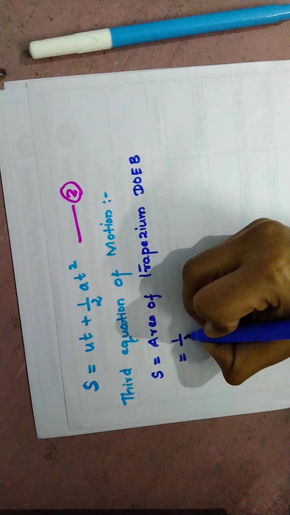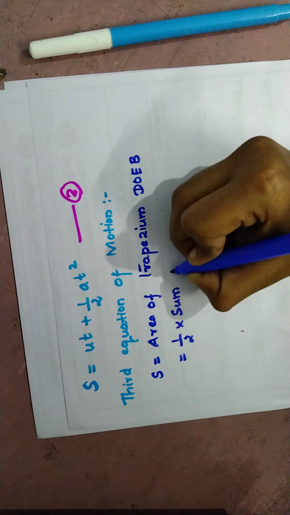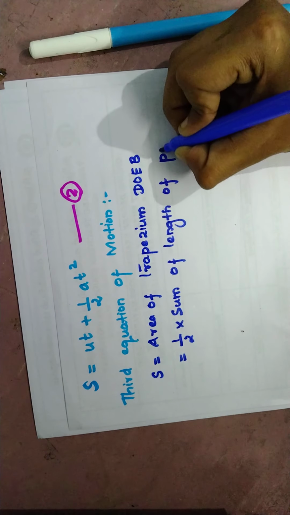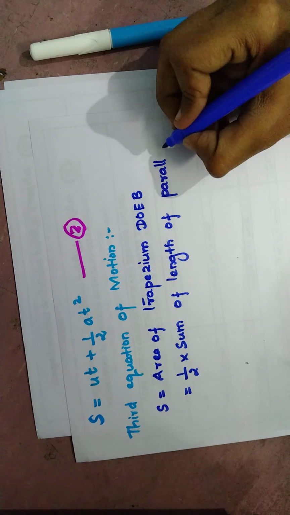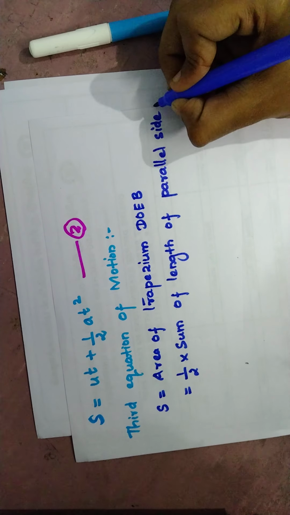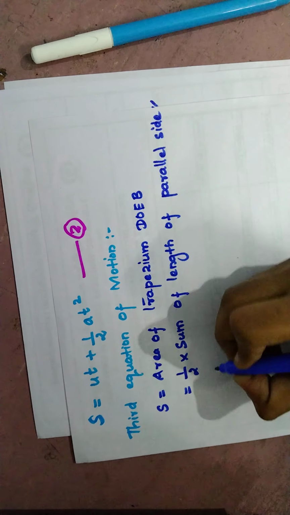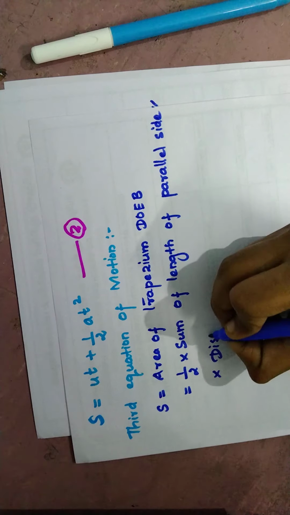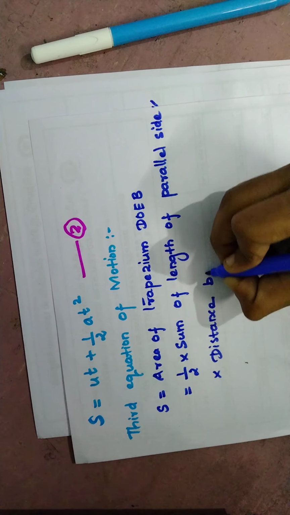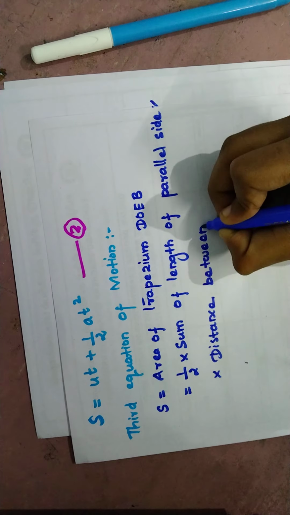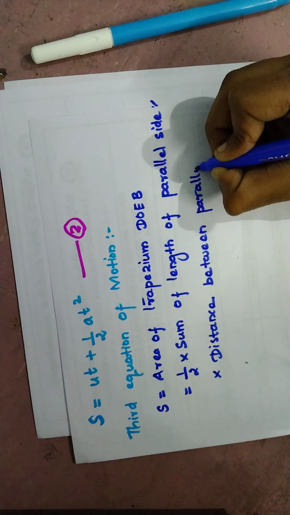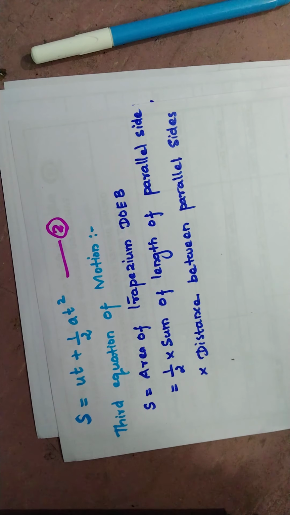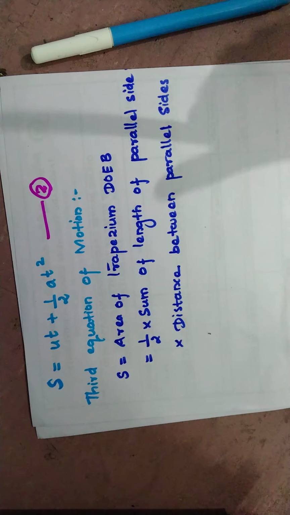That is half into sum of length of parallel sides into distance between parallel sides.